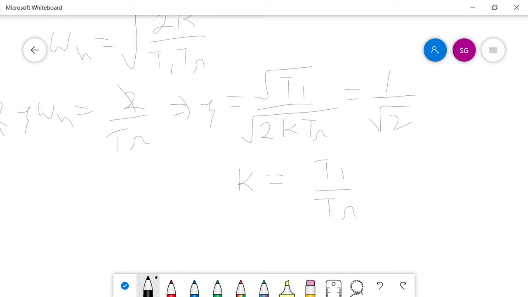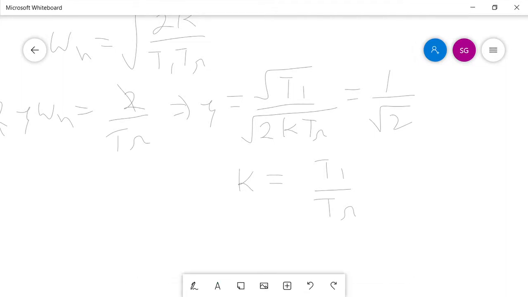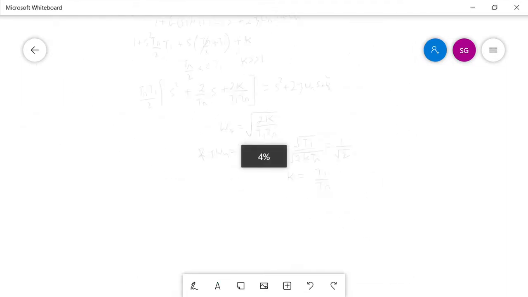So now taking back our K value, K consists of Kc, which we need to calculate.